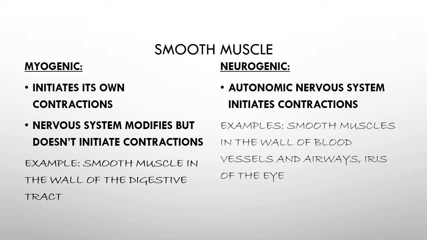Smooth muscle, on the other hand, has both myogenic and neurogenic control. So here we have both types of control for the smooth muscle. And this is another one that we used to do in the lab as well. For the myogenic side, we would have different types of muscle available.